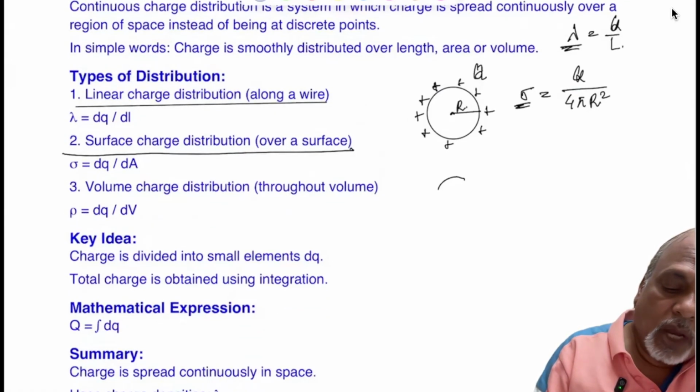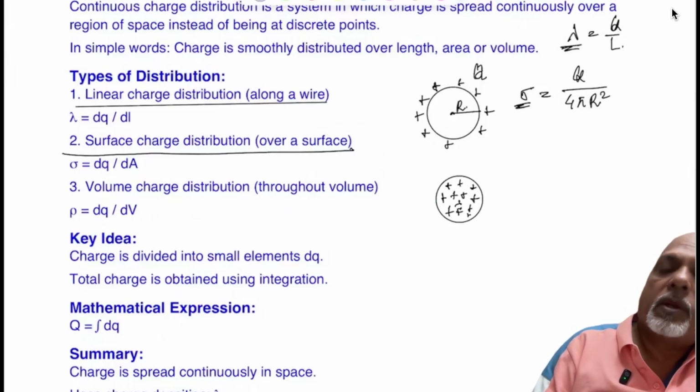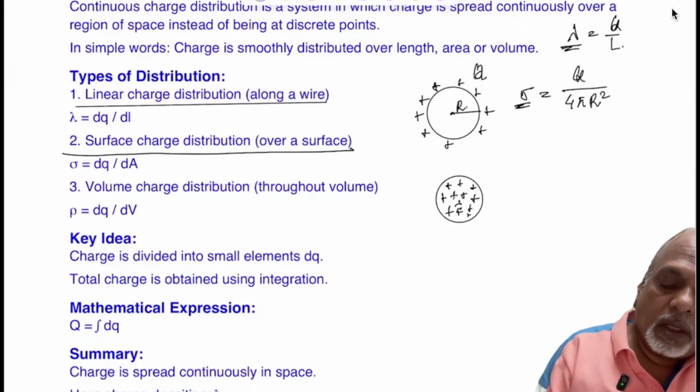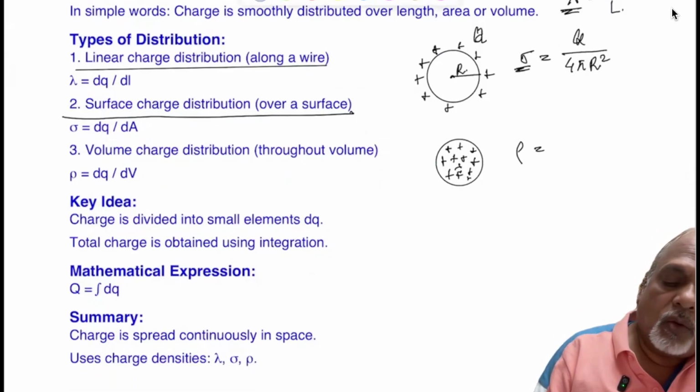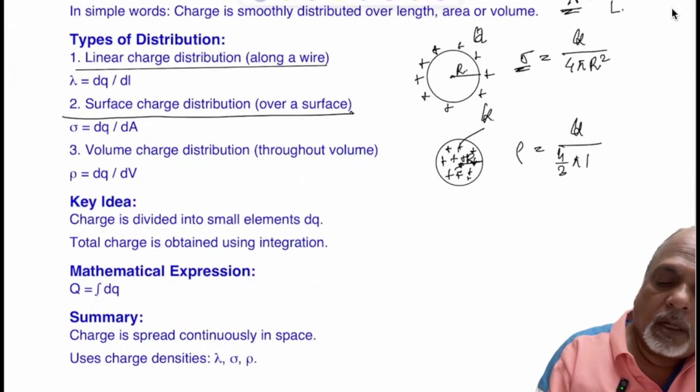So, you may be given lambda, you may be given sigma, and there is another, volume charge density. Suppose you have a sphere, non-metallic, and all its volume has charge distributed, then volume charge density is denoted by rho. And suppose this total charge is Q, then Q is nothing but, suppose its radius is R, rho into 4 by 3 pi R cube.